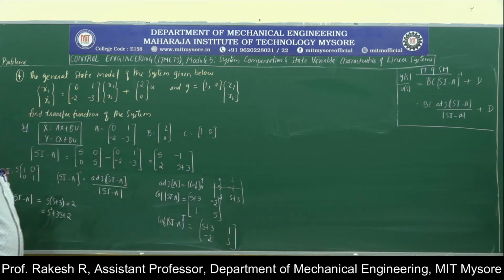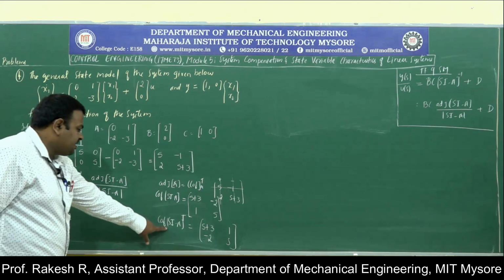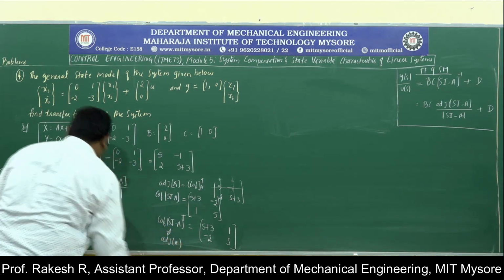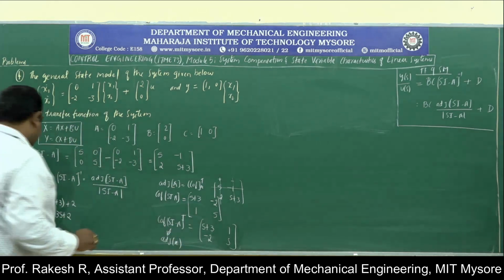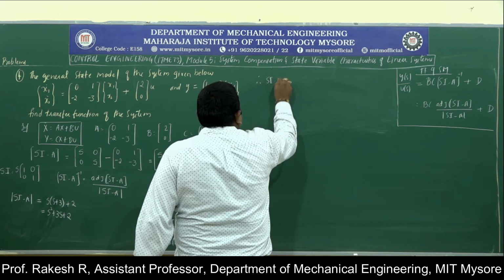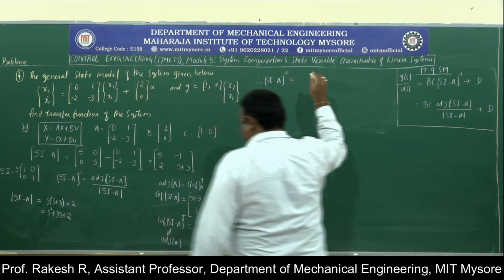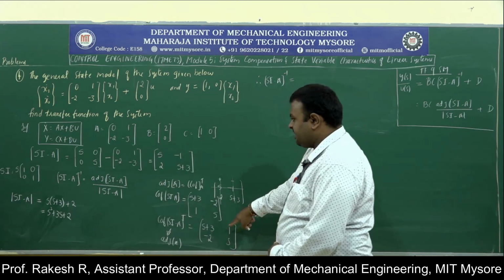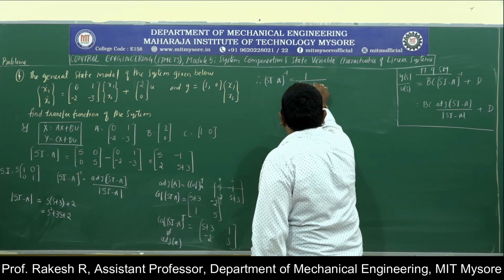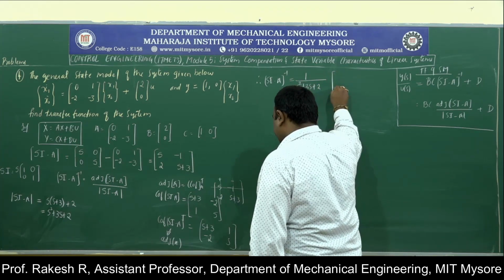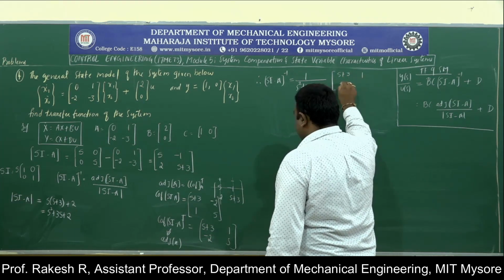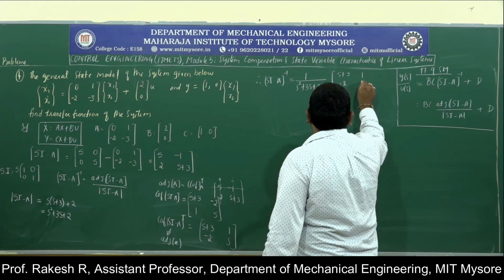So this is the transpose of the cofactor matrix, which is nothing but the adjoint. So (sI minus A) inverse will be equal to 1 divided by (s square plus 3s plus 2) into the adjoint of A. Adjoint of A is [s+3, 1; -2, s].